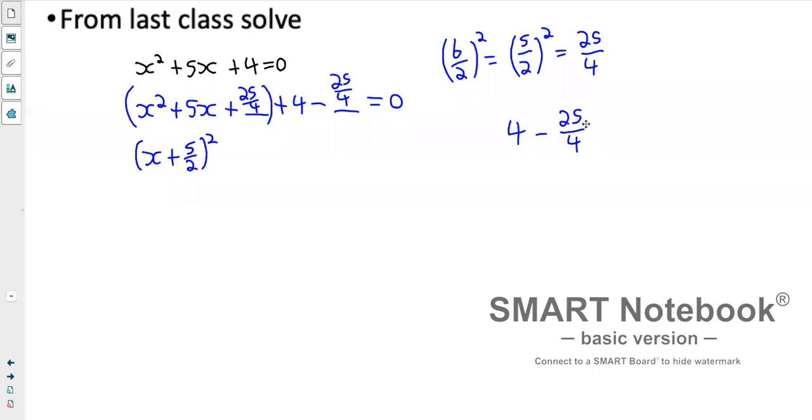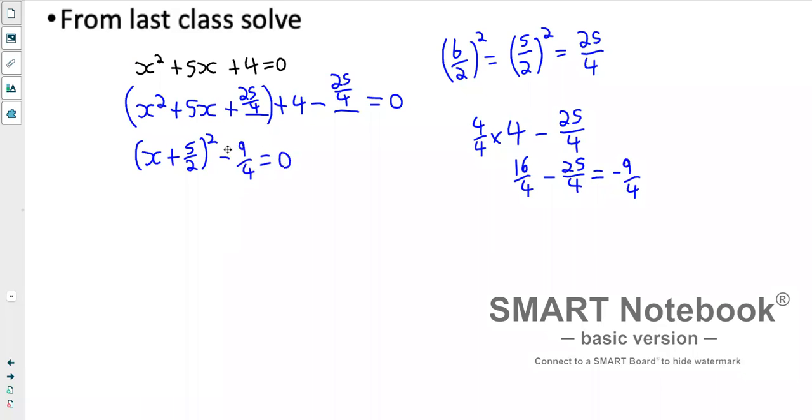We need the same denominator so we can add these. So I'd multiply the top and bottom by 4 over 4. So that gives us 16 over 4 minus 25 over 4, which gives us negative 9 over 4. So we've got minus 9 over 4 equals 0.